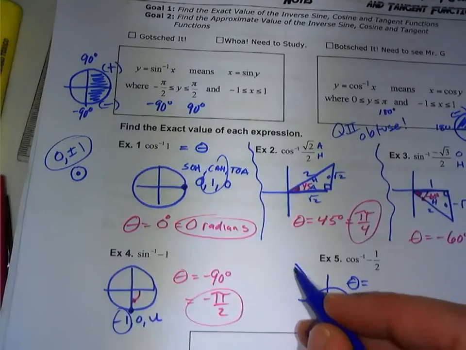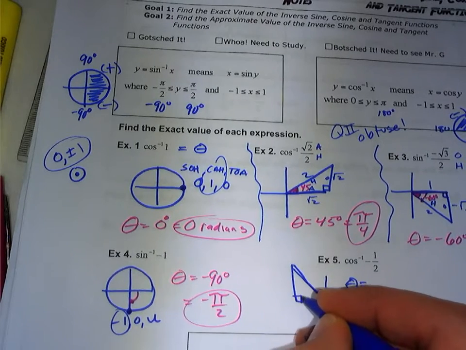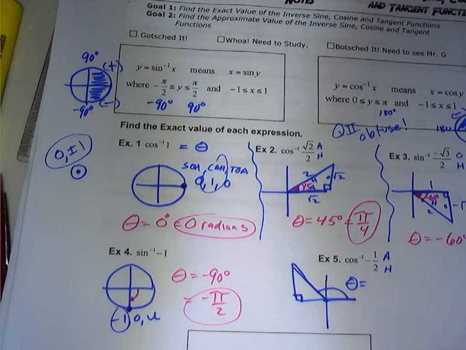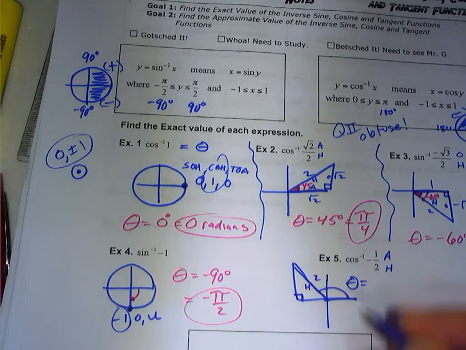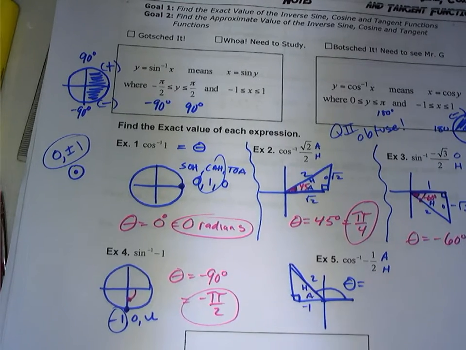Well, we still make our reference triangle. We still drop it like it's hot. And we got A and we got H. So this guy's H. That's 2. Where's A? Side to side or up and down? Yeah, it's always on the x-axis, side to side. Yes, that's negative 1.